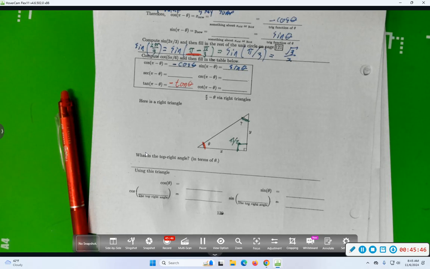I think so. What do angles in a triangle have to add up to? Yeah. It would be half of theta. Half of theta. Why half of theta? Because, isn't that a 30, 60, 90 triangle? This isn't drawn to scale.